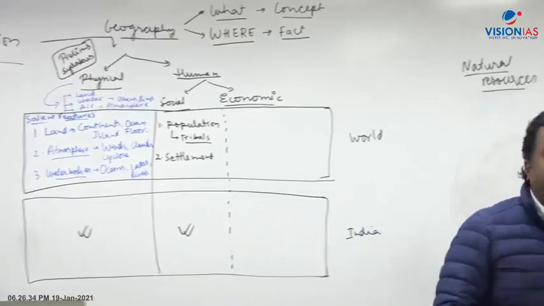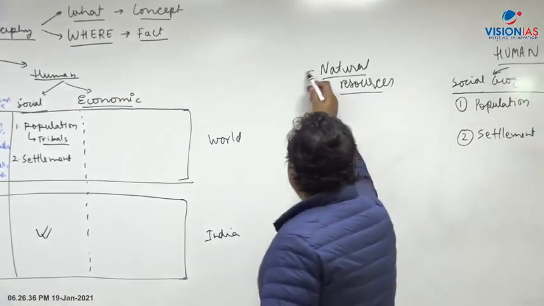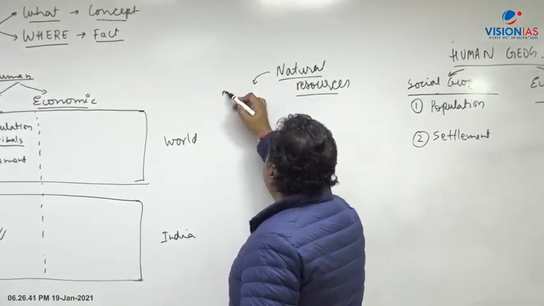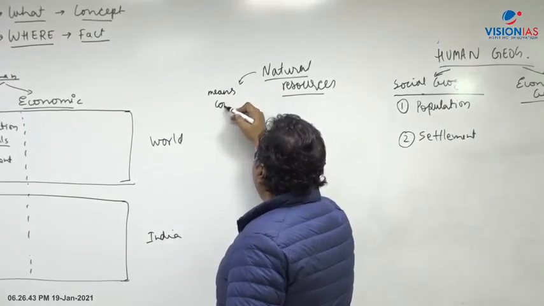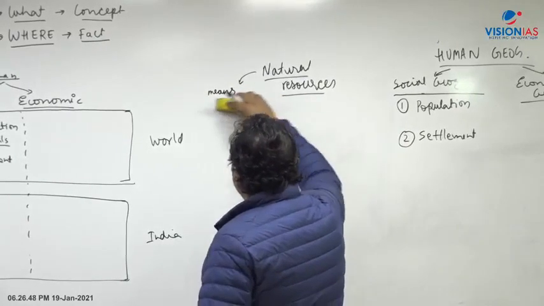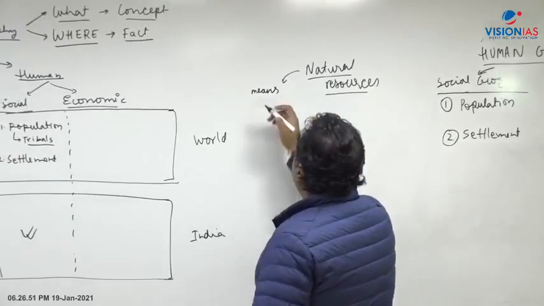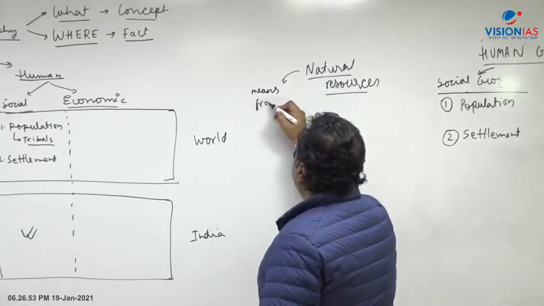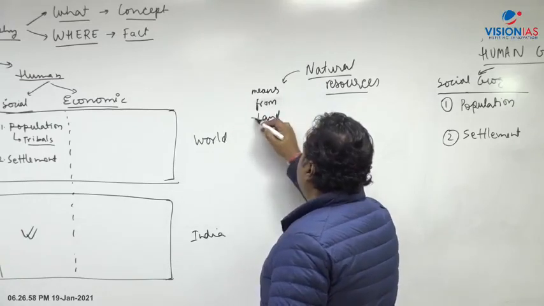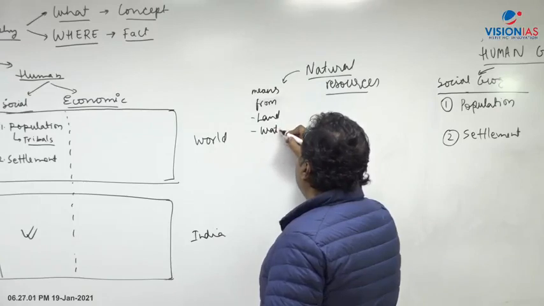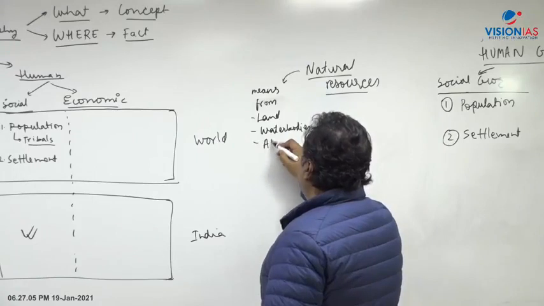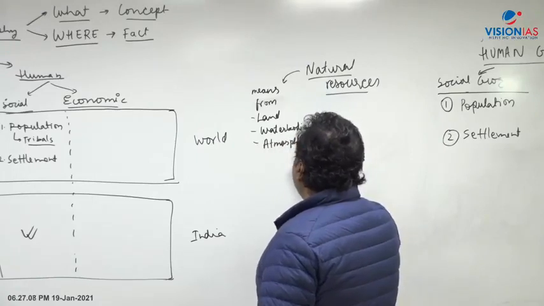So natural resources means resources sourced from land, water bodies or atmosphere.